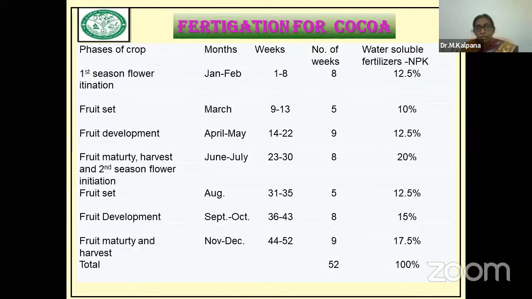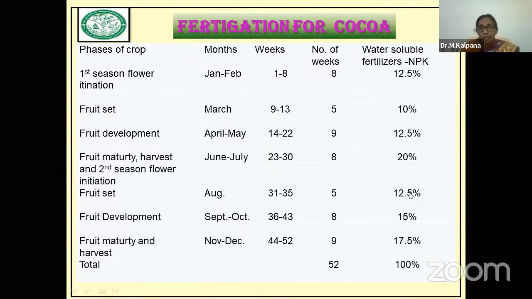The 100% fertilizer is divided into almost 7 split doses, with water soluble fertilizers given during the first flower initiation, about 8 weeks, then 50% at fruit development stage and 50% at the maturity stage, and again at the second fruit set, fruit development and fruit maturity stages.